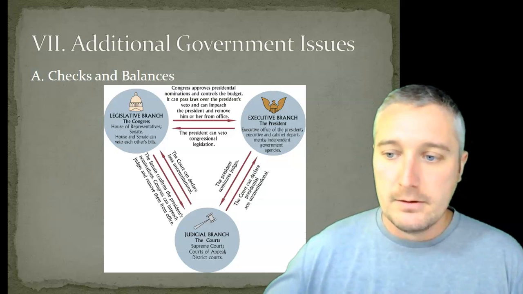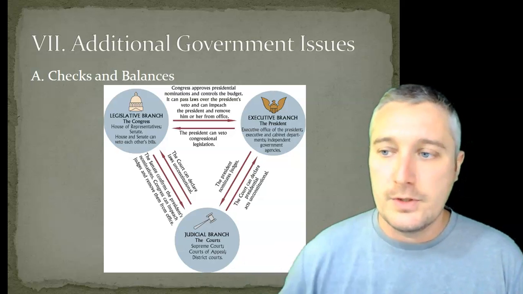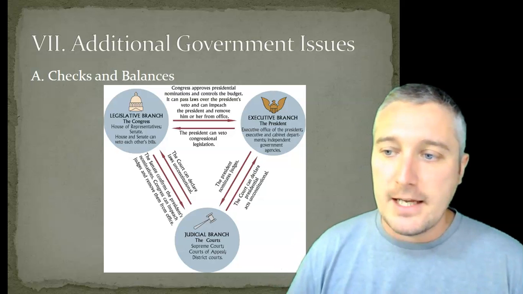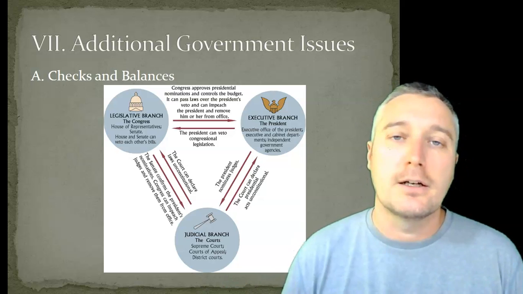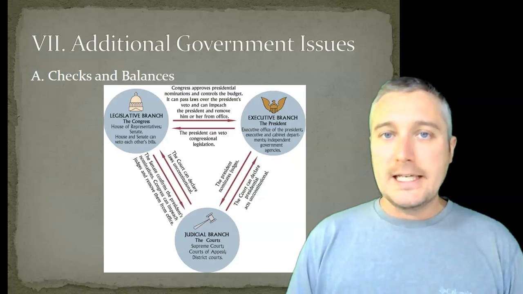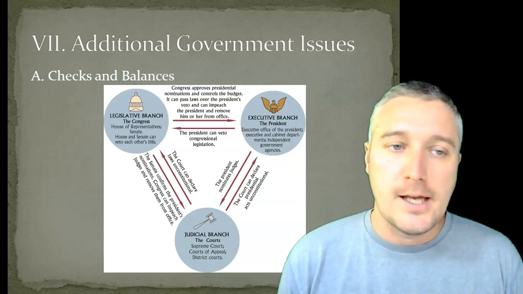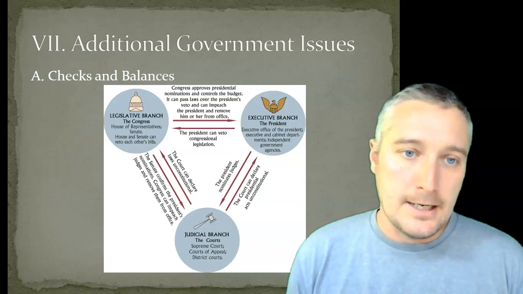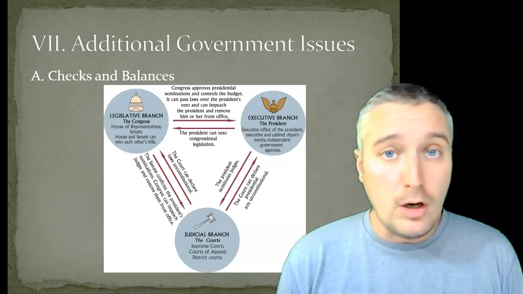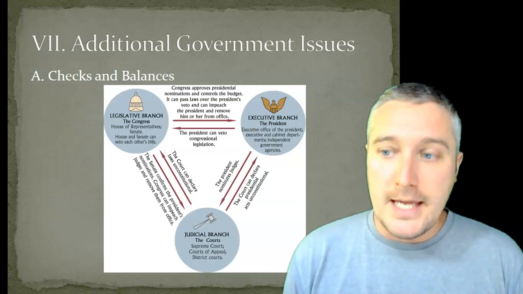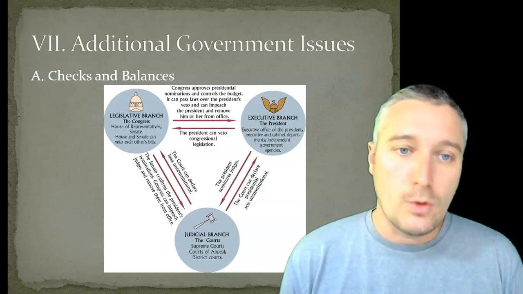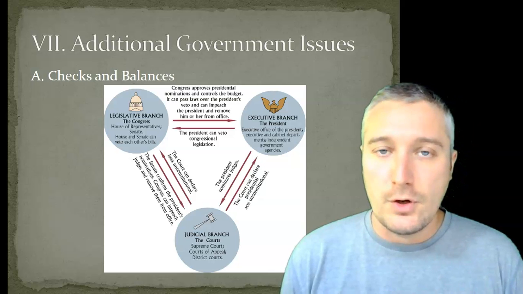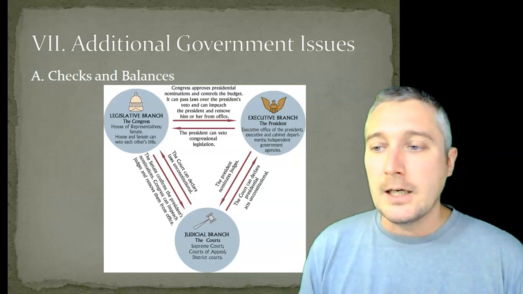The reverse check, the check from the courts onto the executive branch, is that presidential acts can be declared unconstitutional. We didn't really get into this power of the presidency, but the president can issue what are called executive orders, and these amount to basically laws. But they can be declared unconstitutional if the court system believes that the president has overreached their authority.